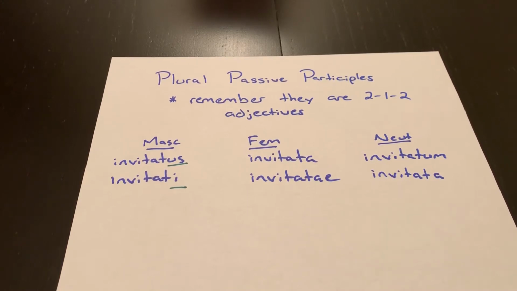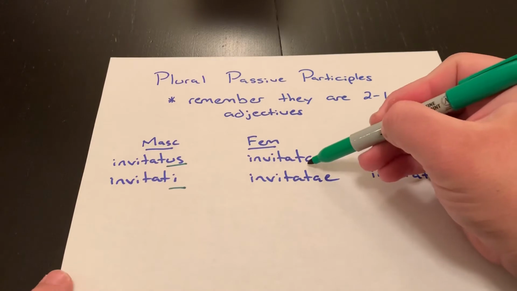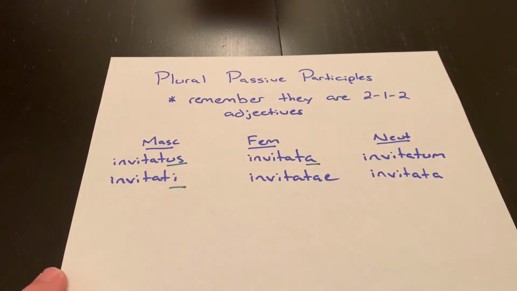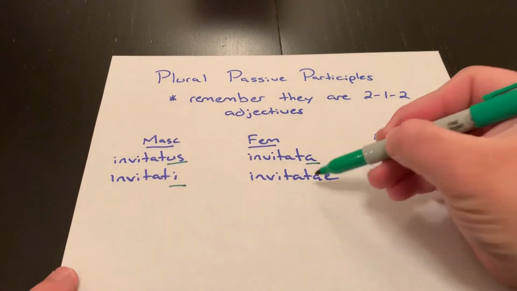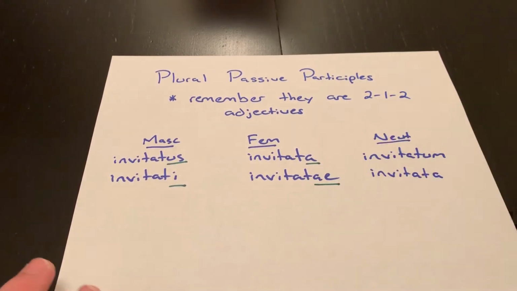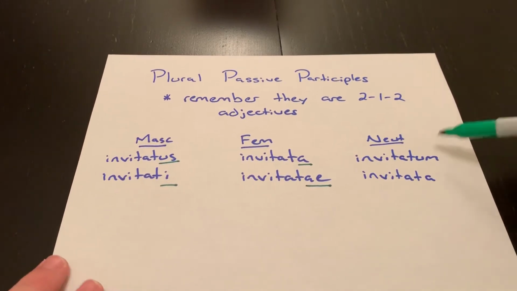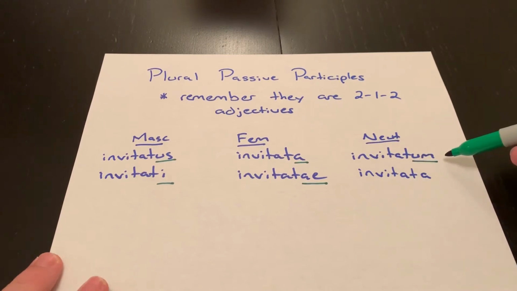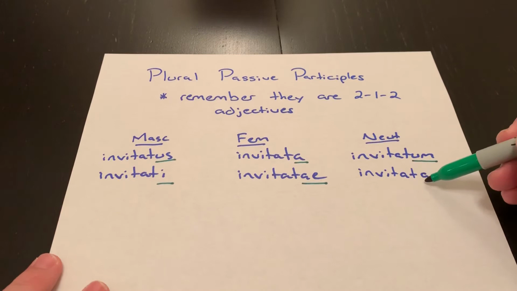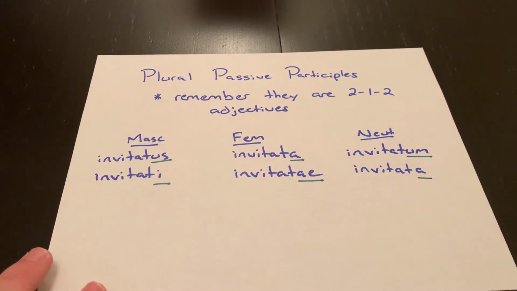Okay. Feminine singular would be invitata, and then we think of our first declension feminine plural ending ae, so invitatae for plural. And then neuter, again we think of second declension, neuter singular is um, so we have invitatum, and then over in the plural neuter for second declension it is a, so we have invitata.